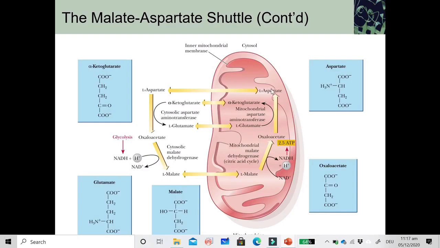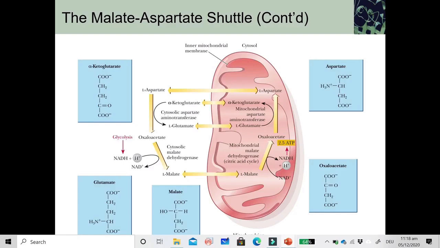The L-aspartate is capable of crossing the inner mitochondrial membrane, so it is transported back to the cytosol, where a cytosolic aspartate aminotransferase converts L-aspartate to oxaloacetate. Oxaloacetate is then ready for another round of shuttling NADH.